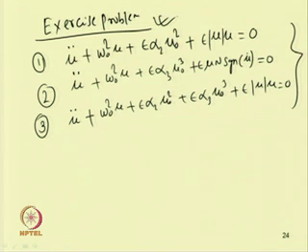So, we have seen the difference between linear and nonlinear systems. In a linear system, the frequency does not depend on the amplitude, but in a nonlinear system, the frequency depends on the amplitude.